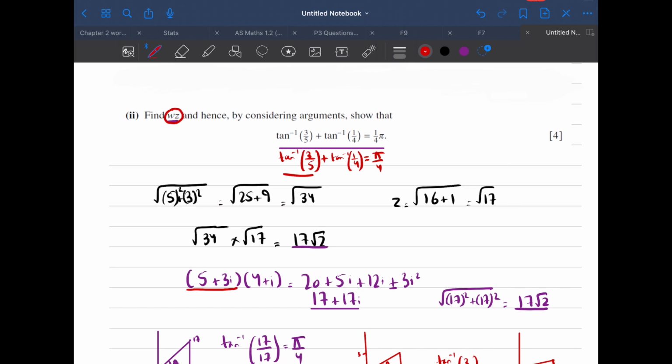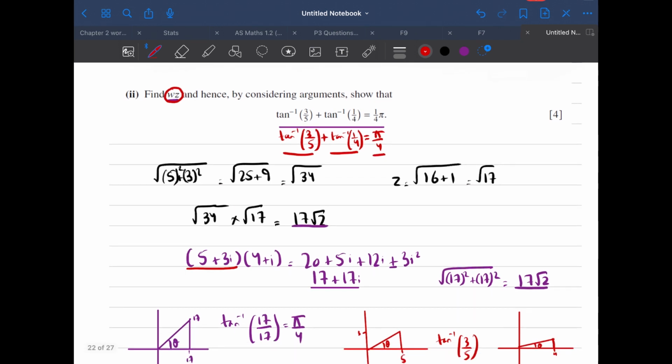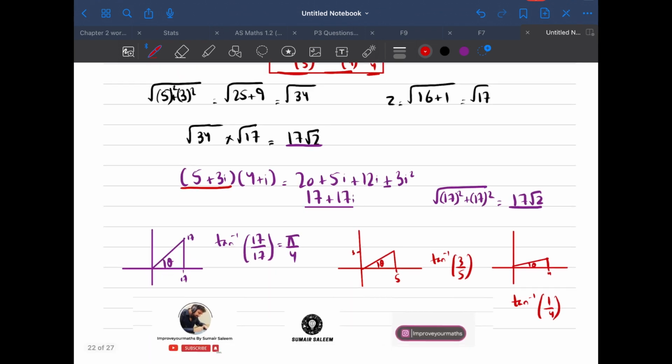This argument plus this argument is equal to pi upon 4. Let me repeat how to show this equation. First find the answer of wz and its argument and write it here. Then, since it is multiplication, the first complex number was w, the second was z. Find w's argument plus z's argument. That's it.